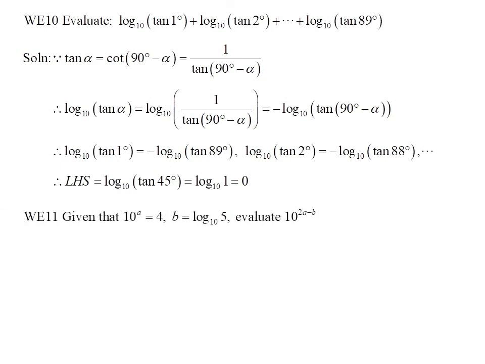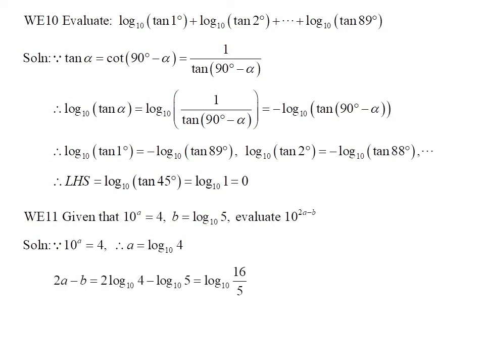Example 11 is to evaluate an exponential expression 10 to the 2a minus b, given that 10 to the a equals 4 and b equals common logarithm of 5. Since 10 to the a equals 4, then a equals common logarithm of 4.